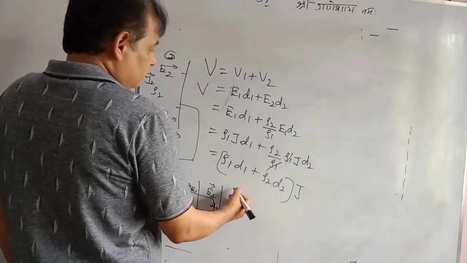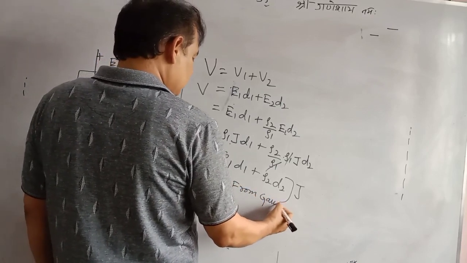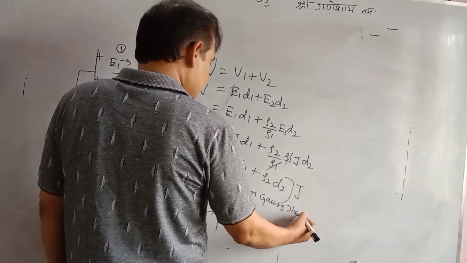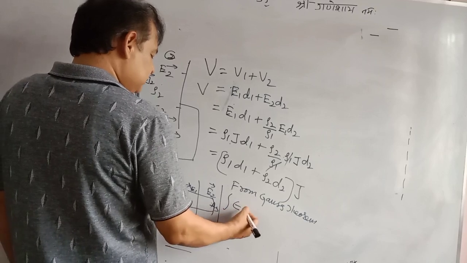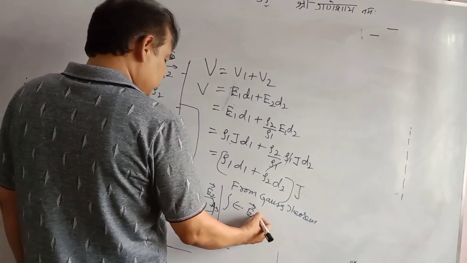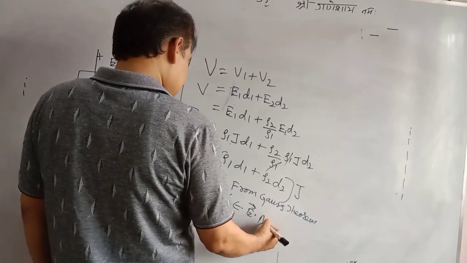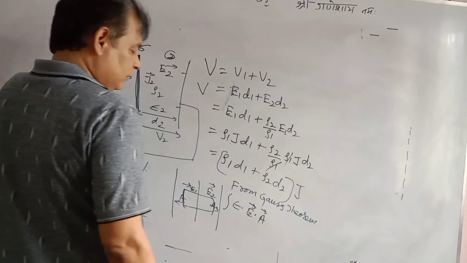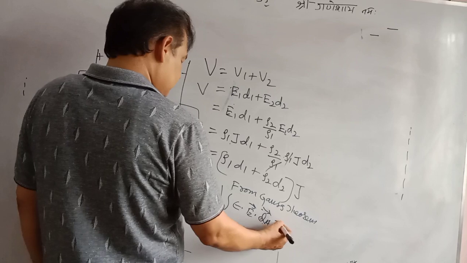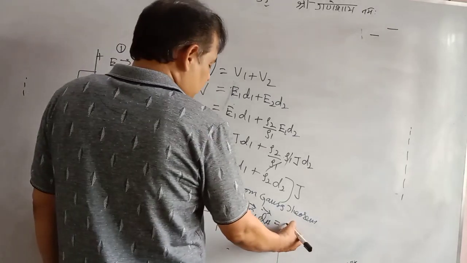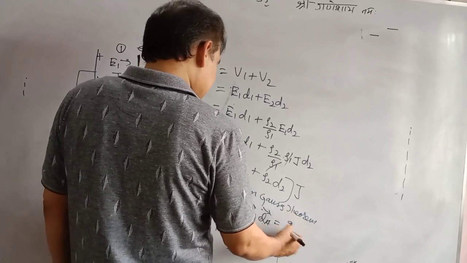From Gauss theorem we can have integral epsilon E dot dA equals charge enclosed Q by epsilon naught.